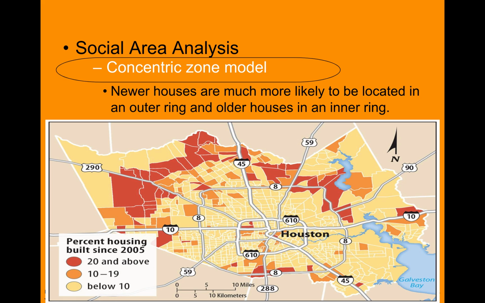When we look at Houston, near the CBD, we see people that live in older houses, and then clearly houses that were built after 2005 would be extending well outside the urban loop of Highway 8. So again, the social area analysis tells us where socioeconomic classes live within an urban area.